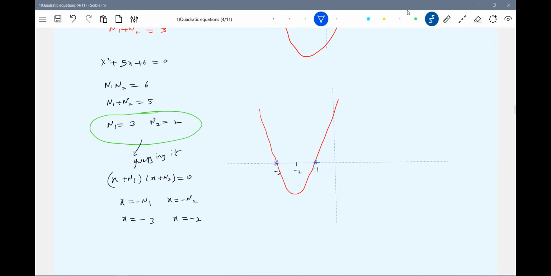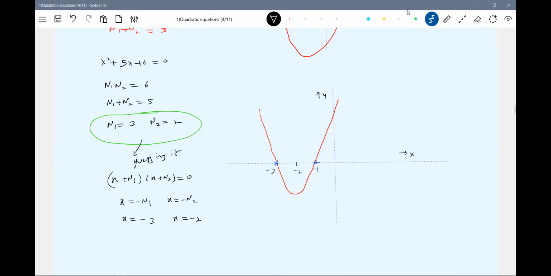What I wanted to convey is this. Will you prefer plotting the curve, or will you prefer using the quadratic equation method? This method is better, no?